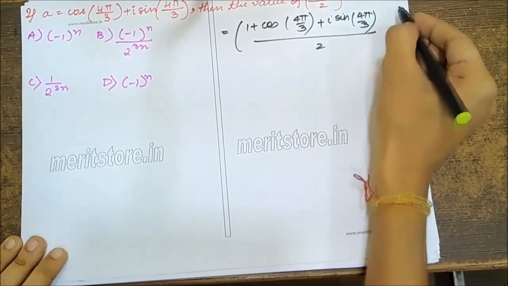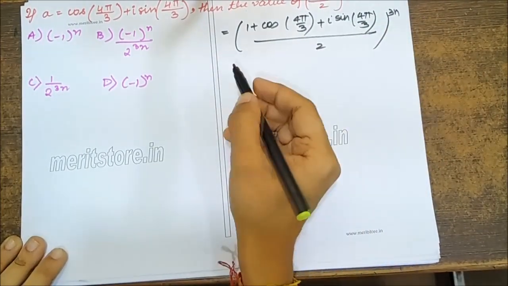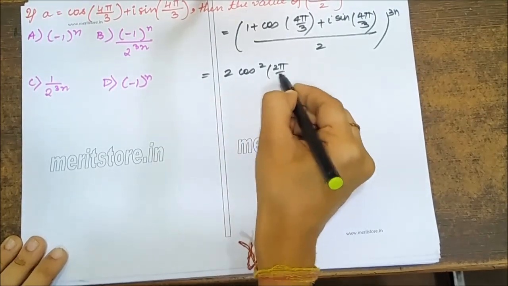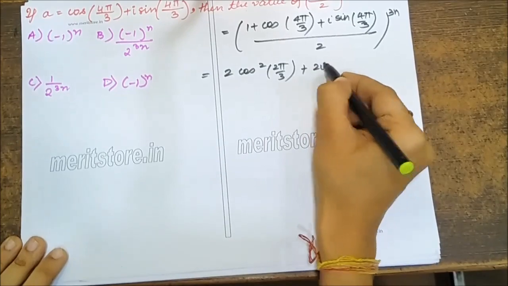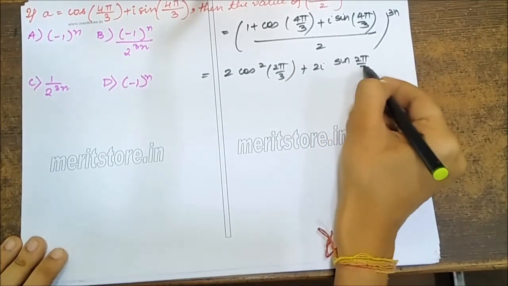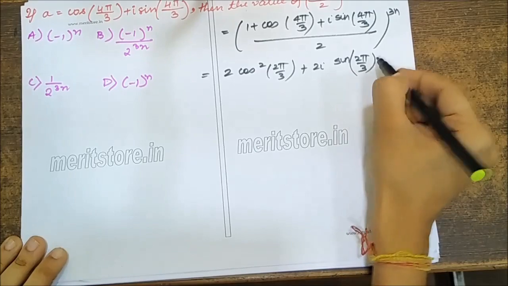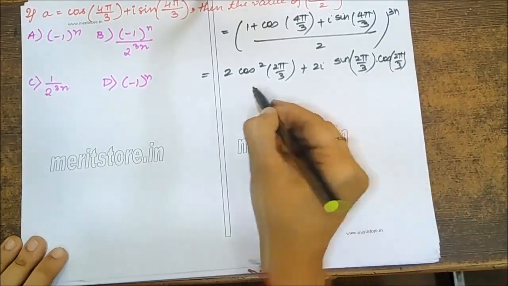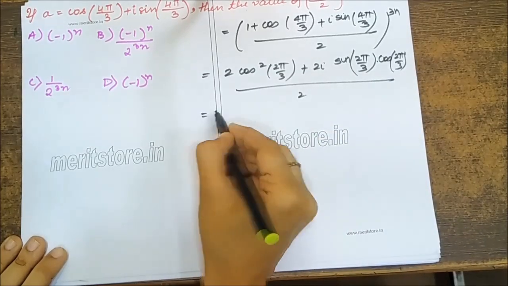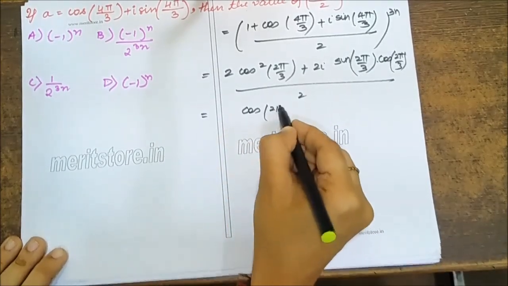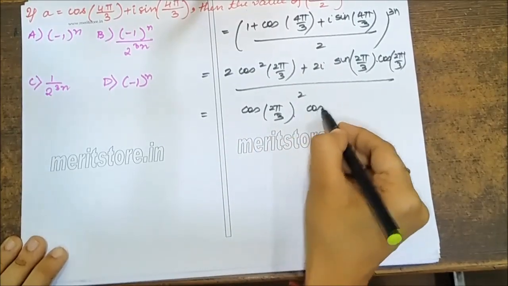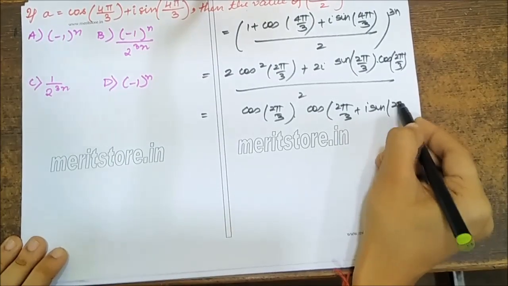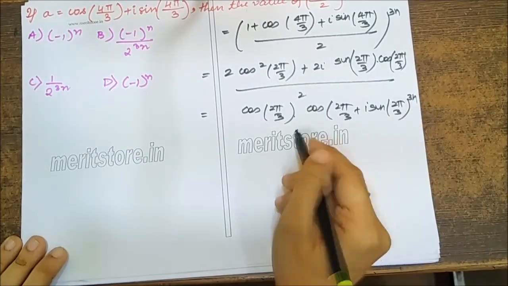upon 2) raised to 3n. So what you get is 2 cos square 2 pi by 3 plus 2i sin 2 pi by 3 cos of 2 pi by 3 upon 2, raised to 3n.